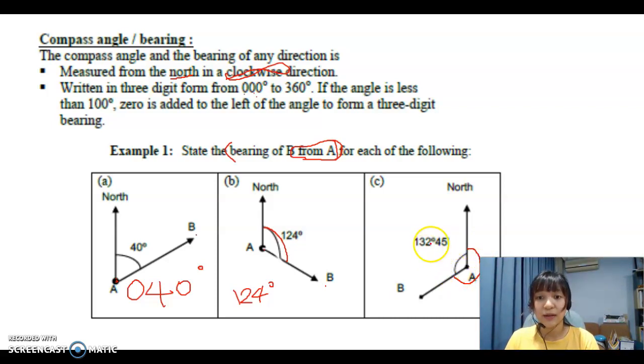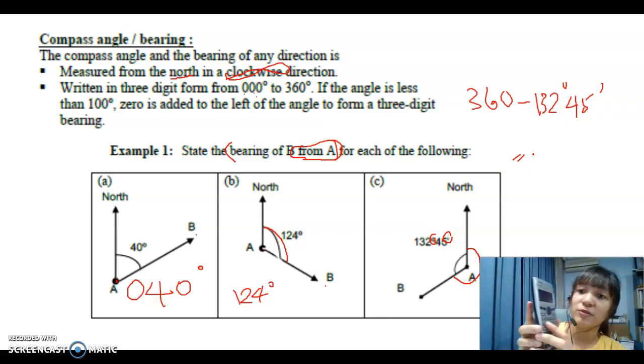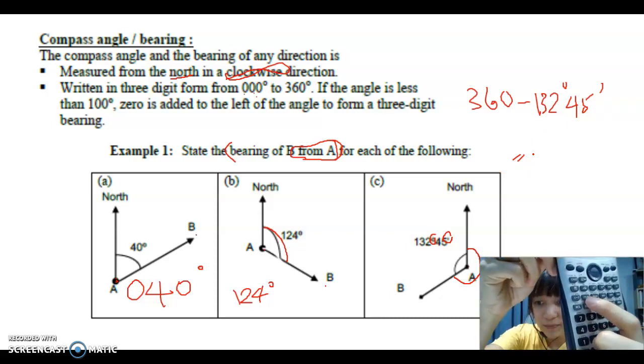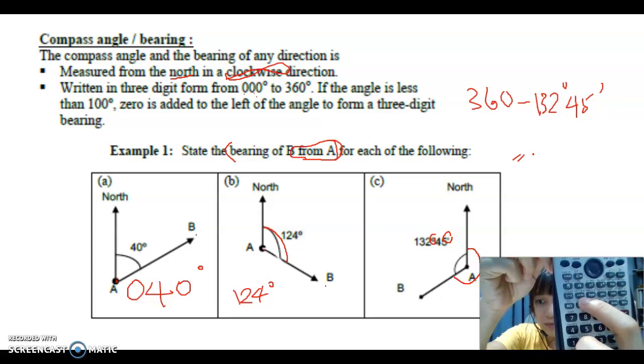But how do you find it? Remember, this is a degree, and this is called a minute. So remember how you key it inside your calculator. To find this, we take 360 degrees minus 132 degrees 45 minutes. How do you press this inside your calculator? Do you remember? Look for this button here.